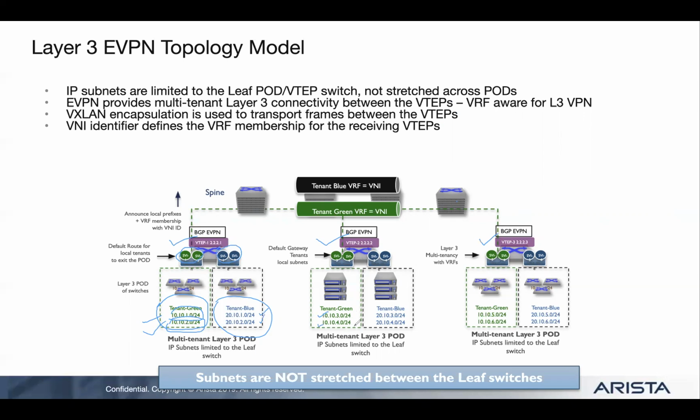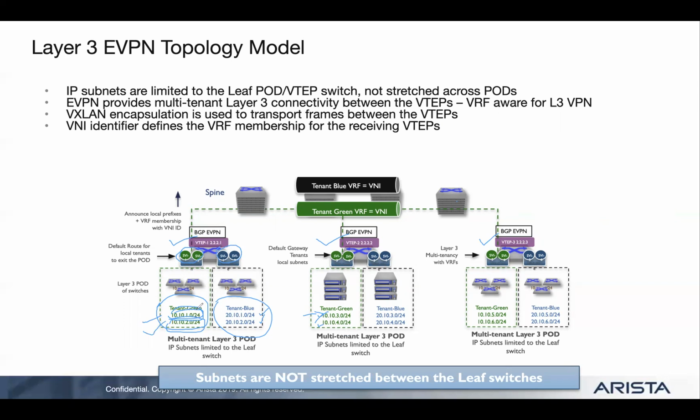It's 3.0 and 4.0, and here it's 5.0 and 6.0. So basically each VTEP has different subnets. It's not overlapping. The 10.10.1.0 hosts are not here. They have individual subnets.